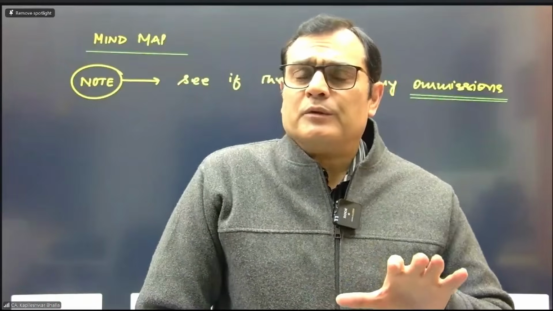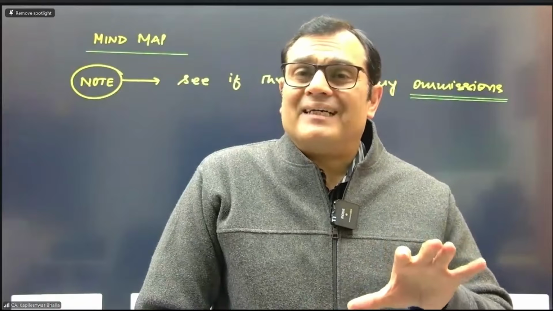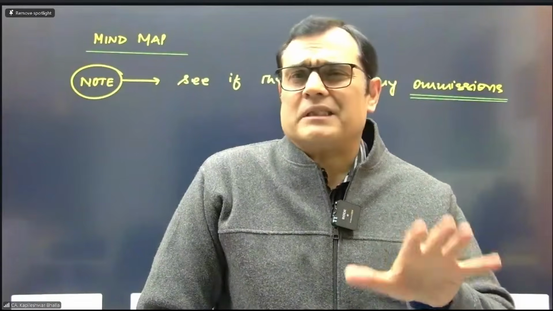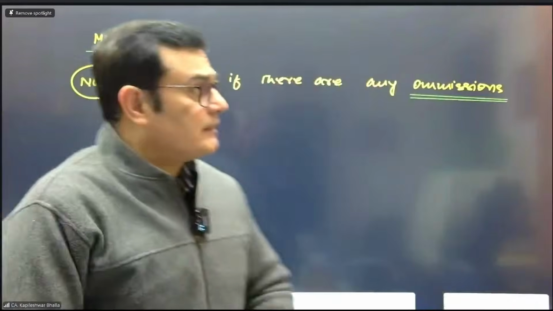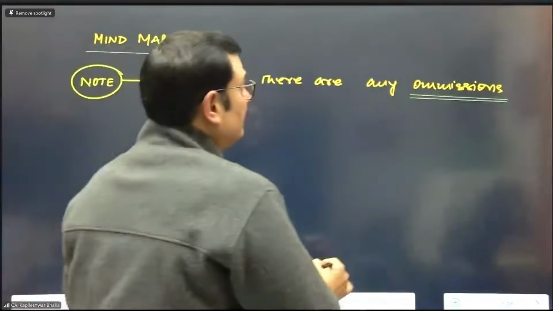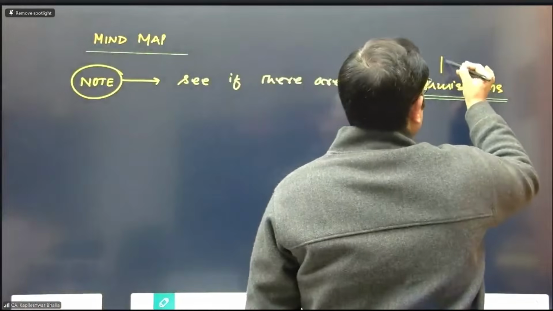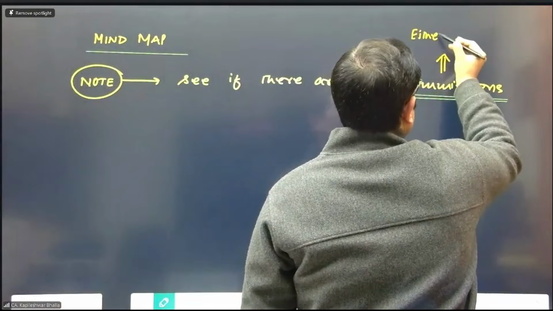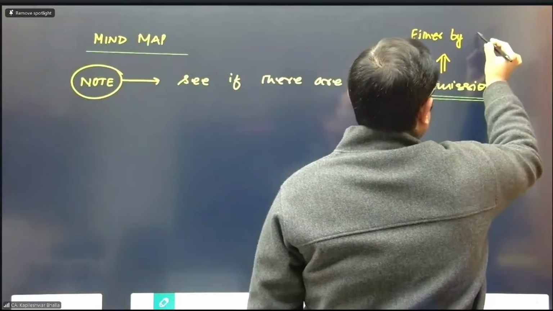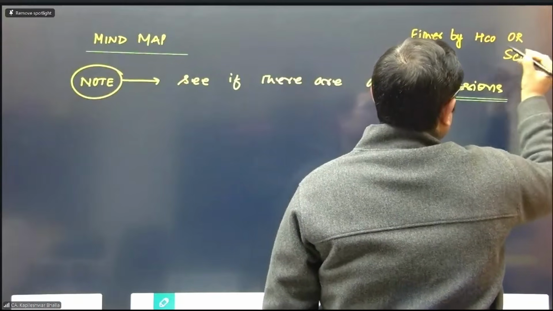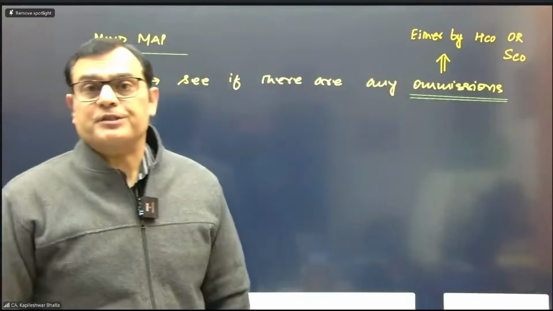But let me also tell you that these omissions may be by the parent or by the subsidiary. You must take care of them. So these omissions could be either by the parent company, I'll put it as holding company, or by the subsidiary company. That doesn't make a difference.